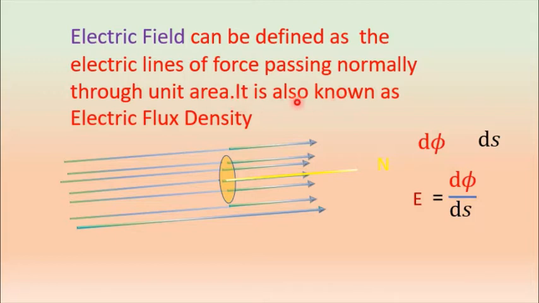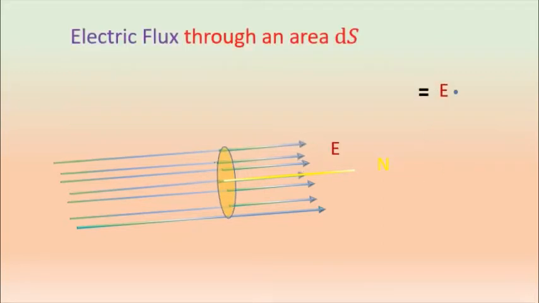It is also known as electric flux density. If E represents electric flux through unit area, then electric flux through an area ds is given by d phi is equal to E dot ds.